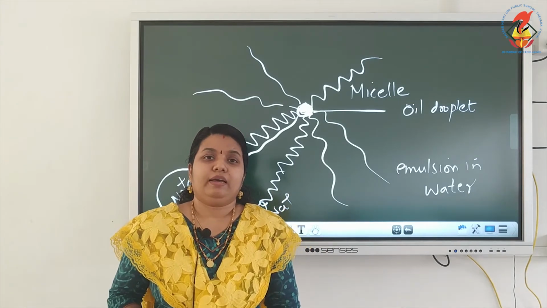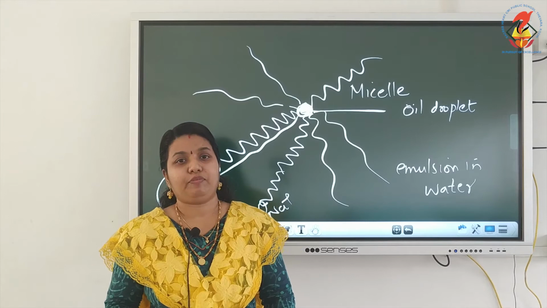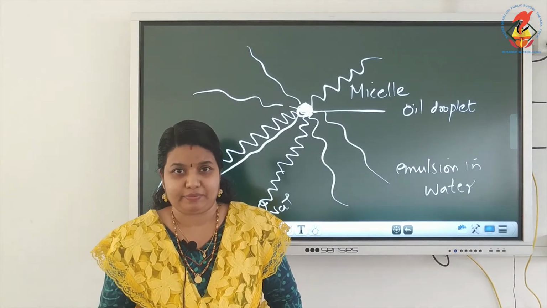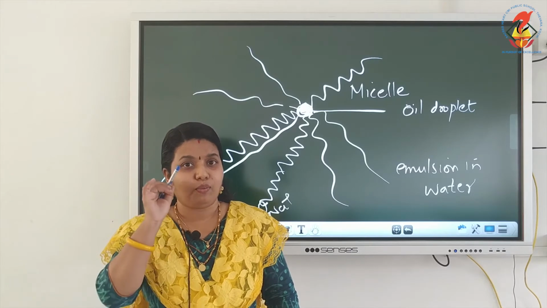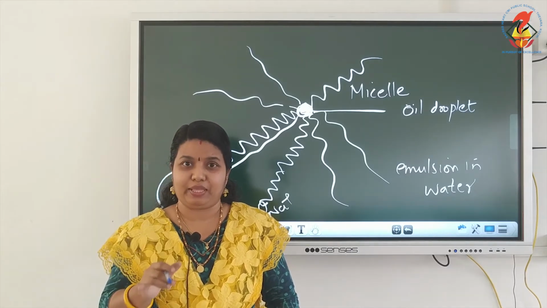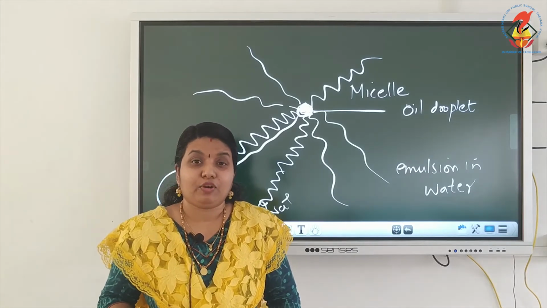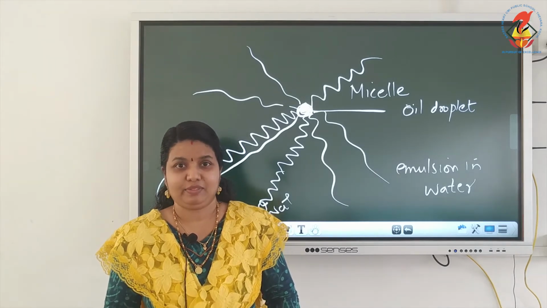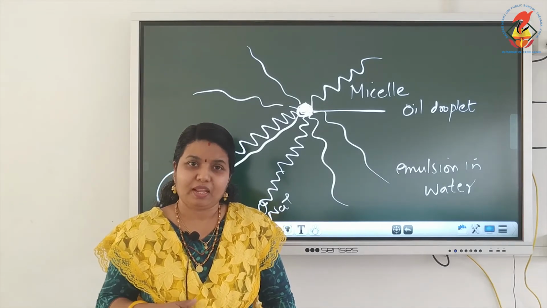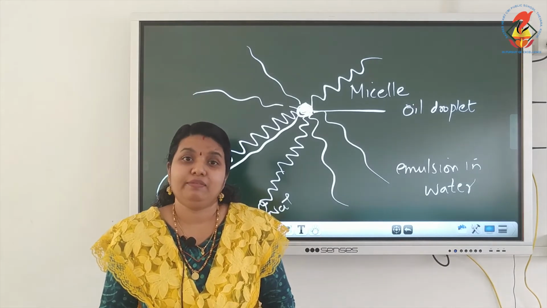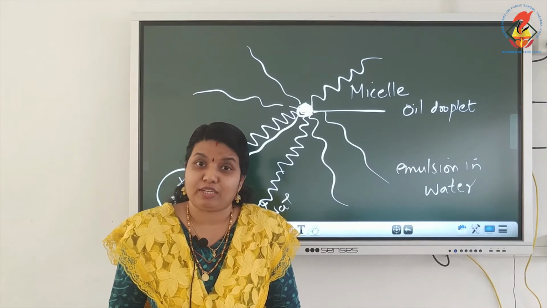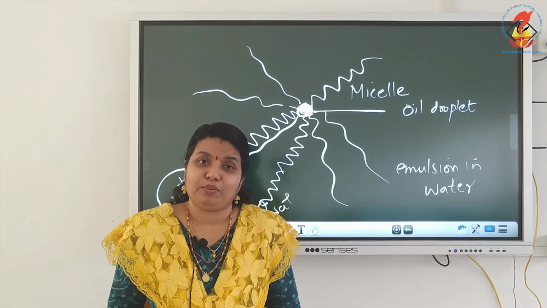Soaps are sodium or potassium salts of long chain carboxylic acid. Soap has two ends, an ionic end, that is the COO minus Na plus, which we call the hydrophilic end, which has a love for water, and the hydrocarbon chain, which is hydrophobic, water hating but with affinity for oil.